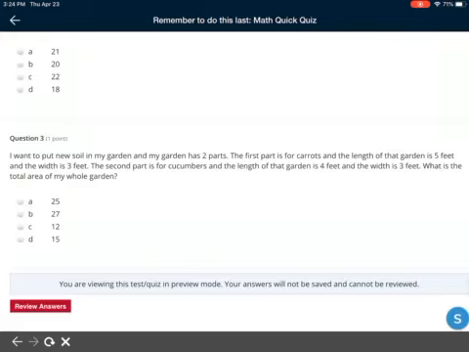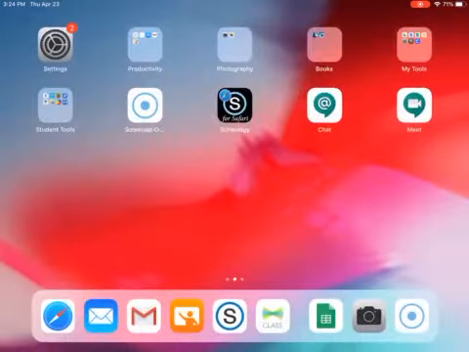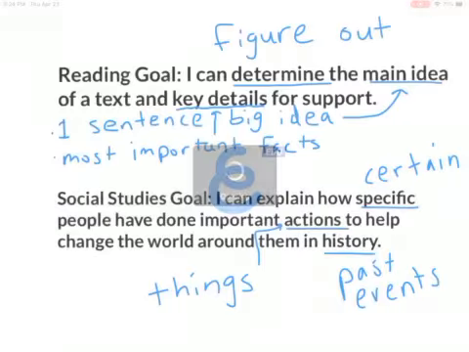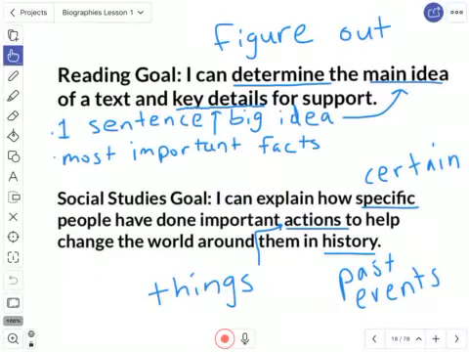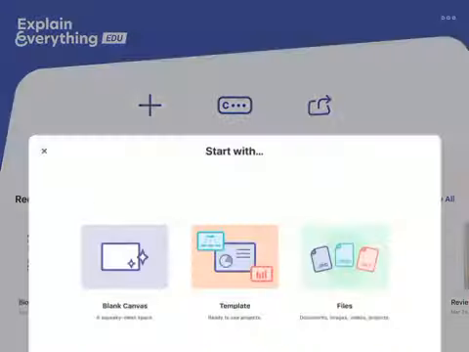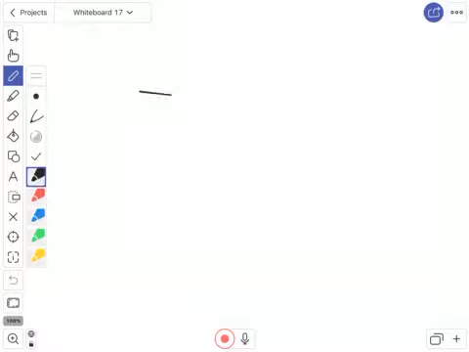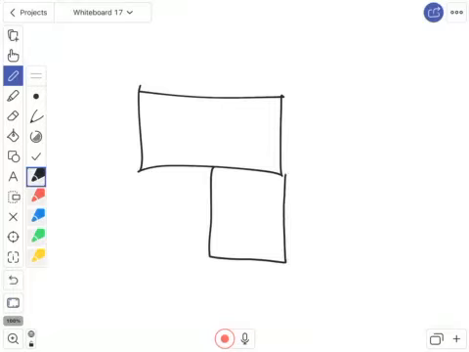Okay. So you can see there's two parts to it, but I need to know the area for the whole garden. So for me, I definitely would be going to Explain Everything, or just get some paper, get something so I can write. These are going to be different numbers, but I would think, okay, we have two parts for this garden, and they can really be any way.